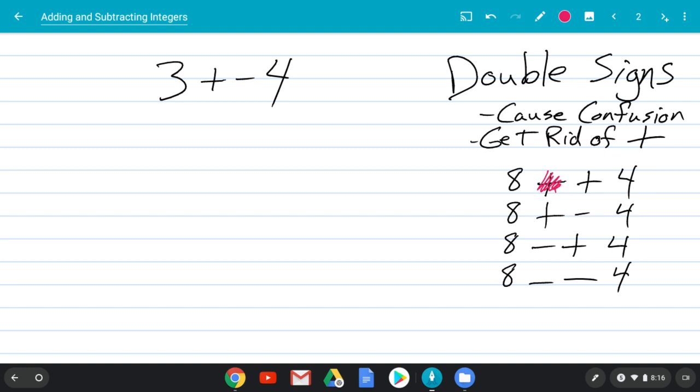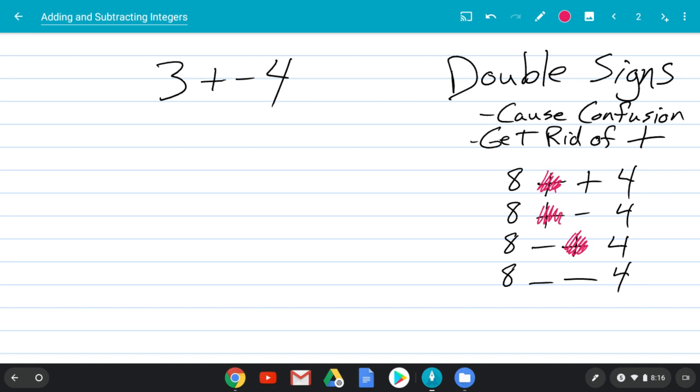Okay, so I'm going to get rid of that one. In the next problem, 8 plus a negative 4. What do I get rid of? Get rid of the positive. In the third one down, 8 minus a positive 4. What do I get rid of? Positive. In the last one, 8 minus a negative 4.